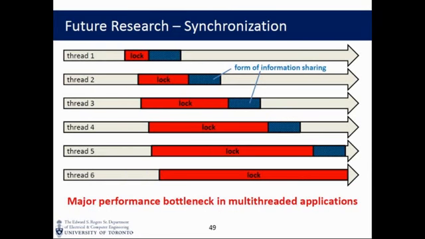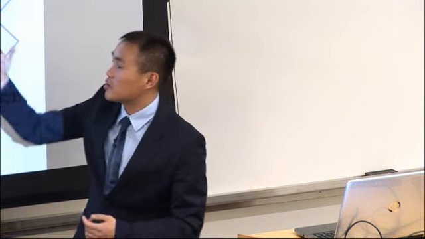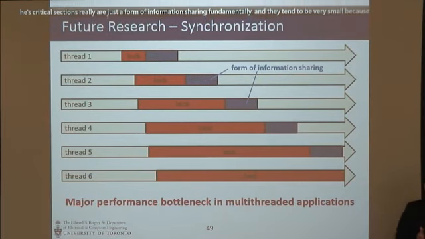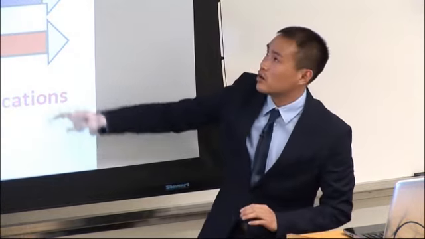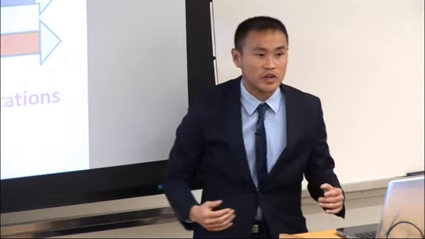Then you think about it, these critical sections really are just a form of information sharing, fundamentally, right? And they tend to be very small because that's by design. We don't want to hold the lock for that long. It's really just supposed to be some regular, rudimentary operation in order to facilitate information sharing.